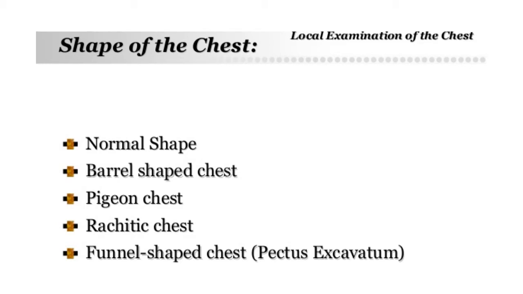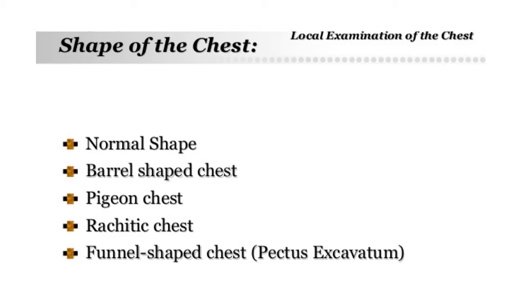Then come to the shape of the chest. Once you come to the clinical, you will know what is a normal chest, and you can differentiate it from the abnormal chest, like a barrel shaped chest.